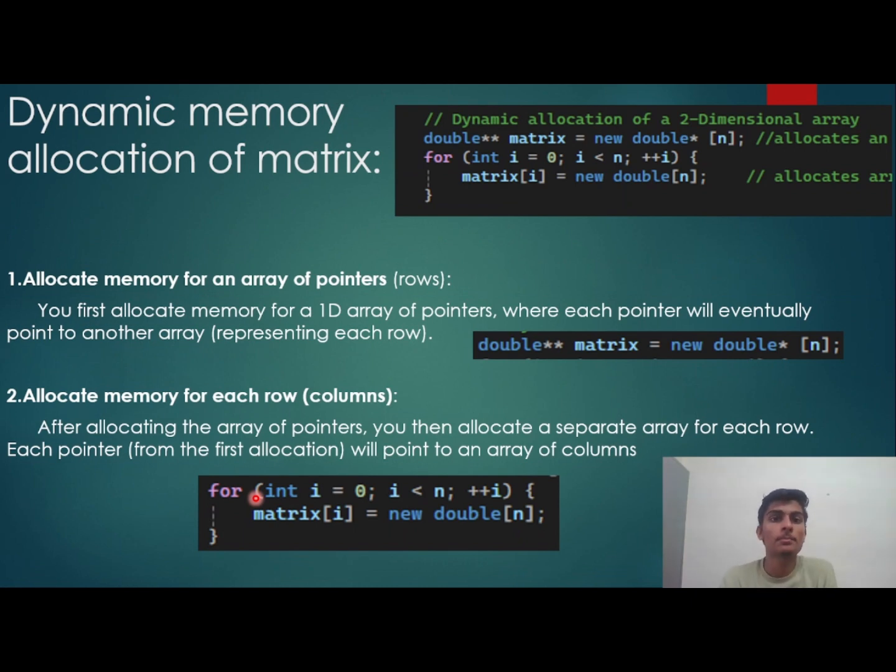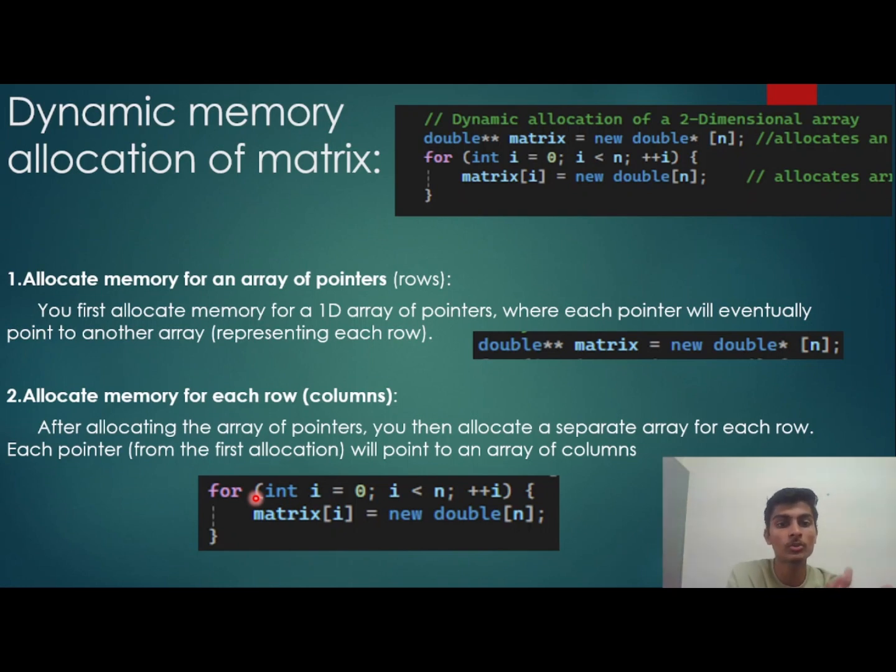Now the next step is dynamic memory allocation of the matrix. Since the matrix size is initially unknown, you need to dynamically allocate the two-dimensional array, or the matrix. So it will be done in 2 steps. Firstly, you will allocate an array of pointers, and then to every pointer you will allocate another array.